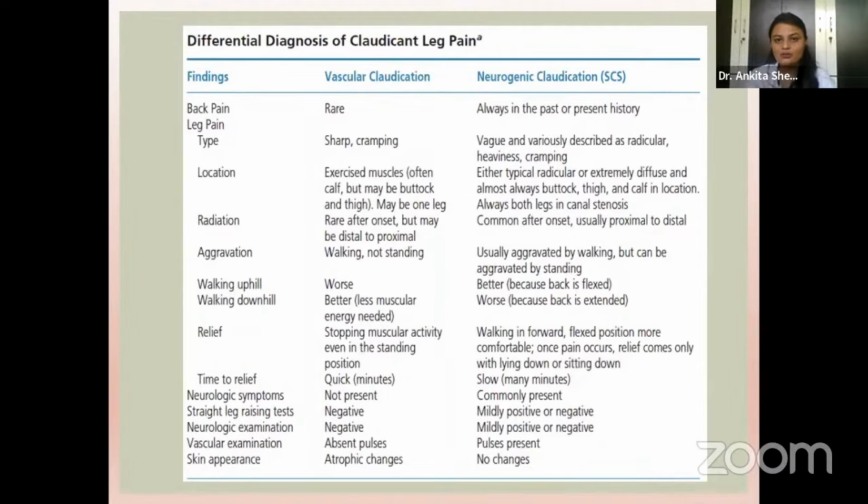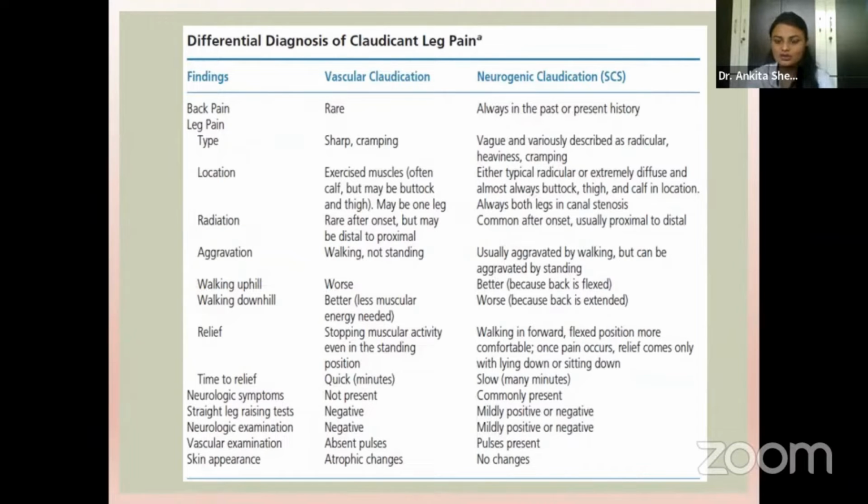When we talk about vascular claudication and neurogenic claudication, this is a very important factor and is commonly misled. So you need to classify your patients with respect to vascular claudication and neurogenic claudication. In vascular claudication, back pain may or may not be there.